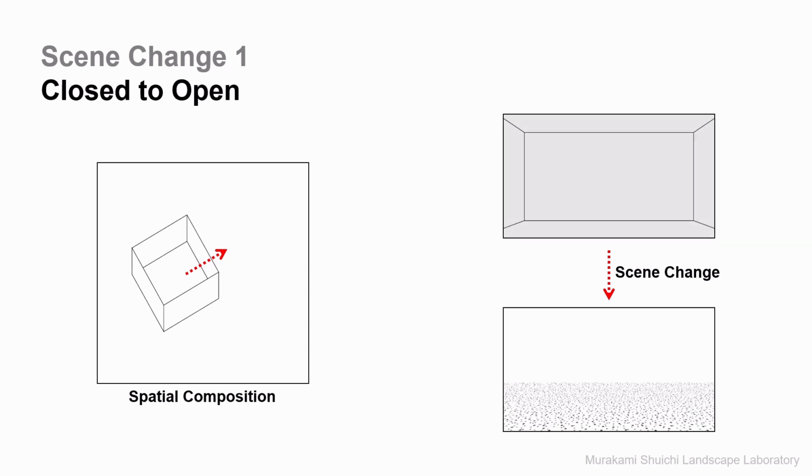In other words, to create a scene change from closed to open, one way is to compose the space in this way and to design the path of movement accordingly.